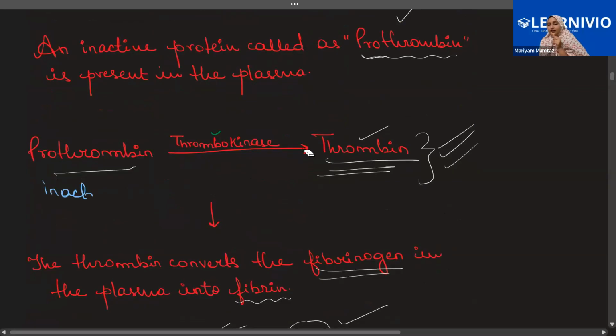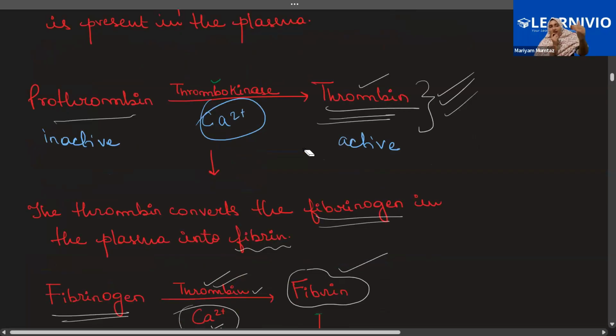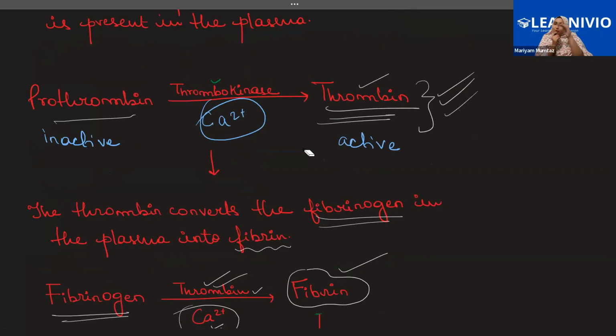It will get activated in the presence of calcium ions, Ca2+, and the thrombokinase. So now it has become an active thrombin. Further, do you see how one enzyme is being created and that is helping in the synthesis of another? Same way, one will be created helping in the synthesis of another.